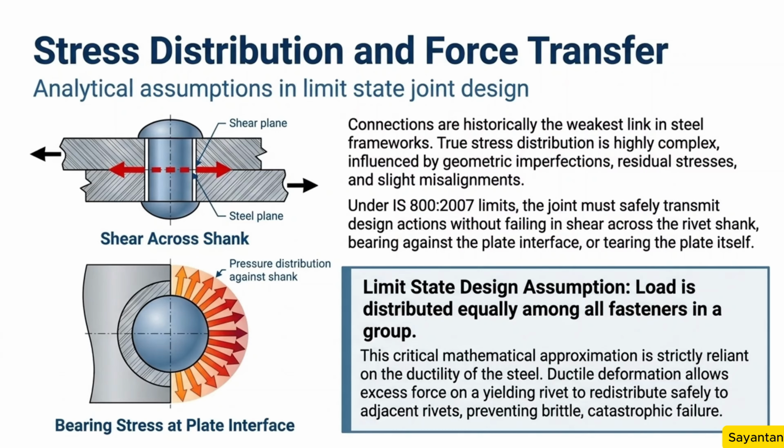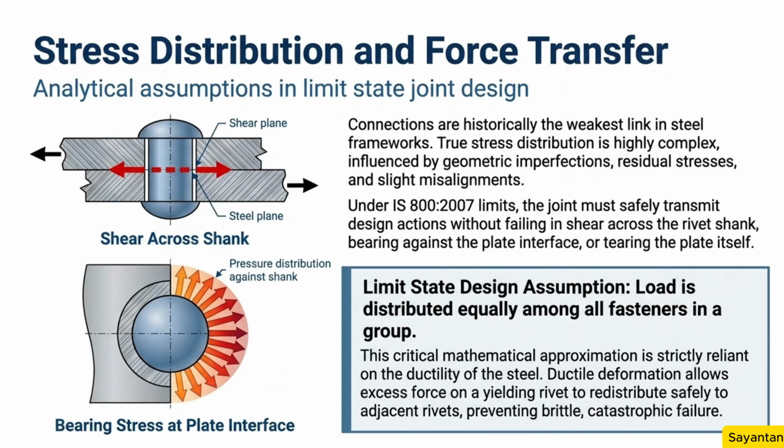While actual elasticity creates highly complex non-uniform stress fields influenced by local surface imperfections and initial hole clearances, practical limit state design relies on the key simplifying assumption that the design load is distributed equally among all fasteners in a group. This mathematical simplification is valid only due to the inherent ductility of structural steel.